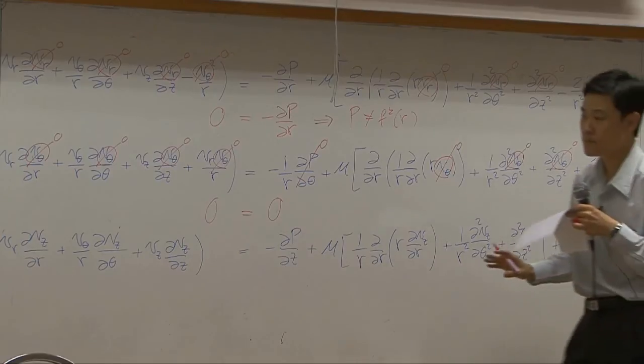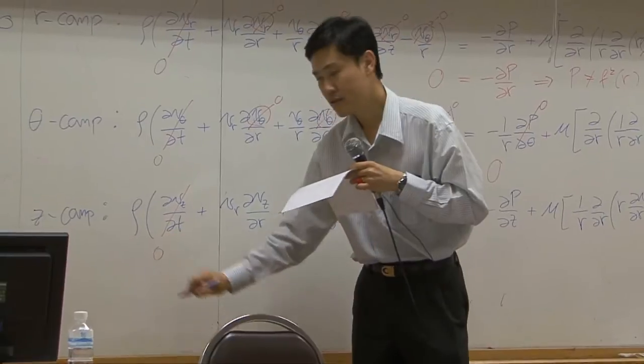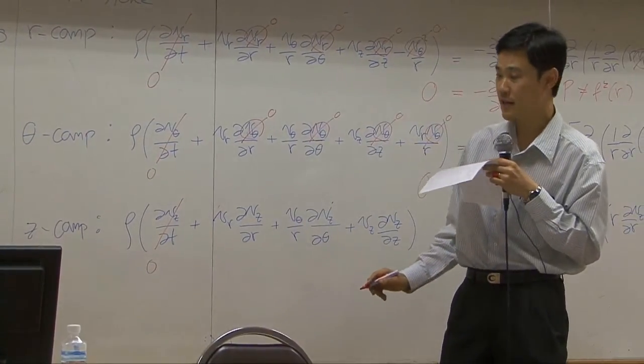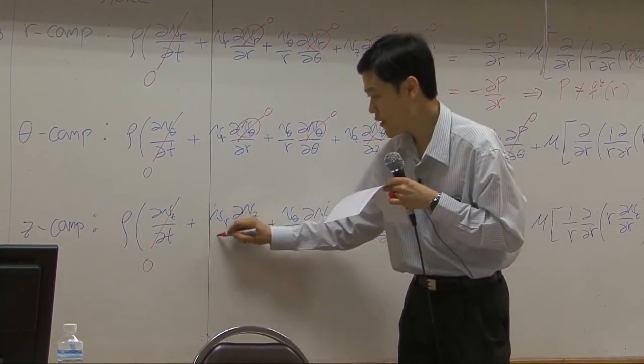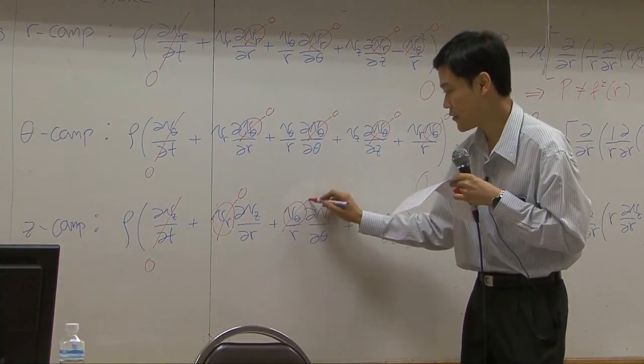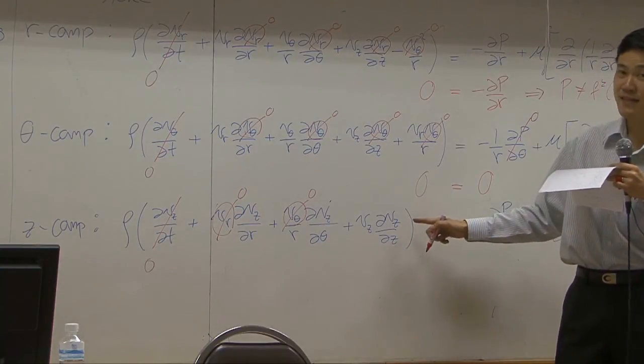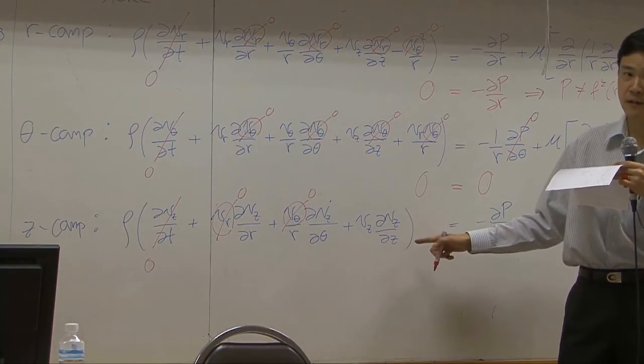Last one. First term is 0 according to the steady state assumption. VR is 0. V theta is 0. Does Vz change with respect to Z?